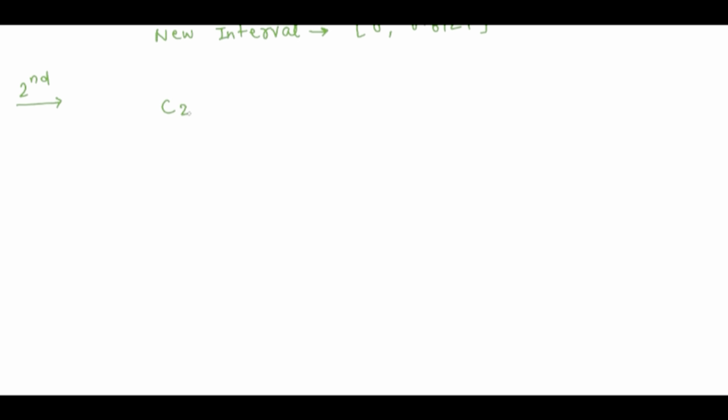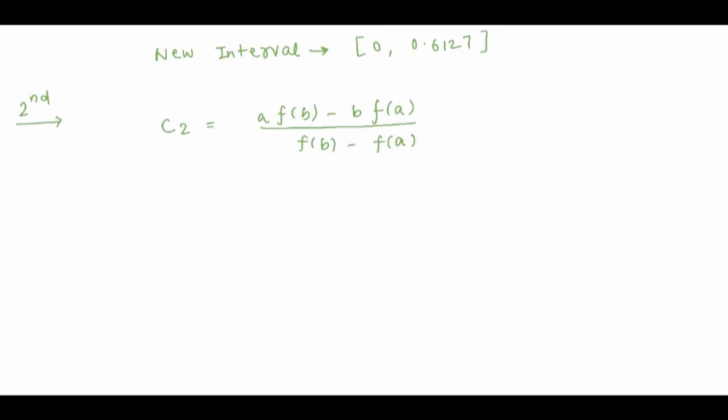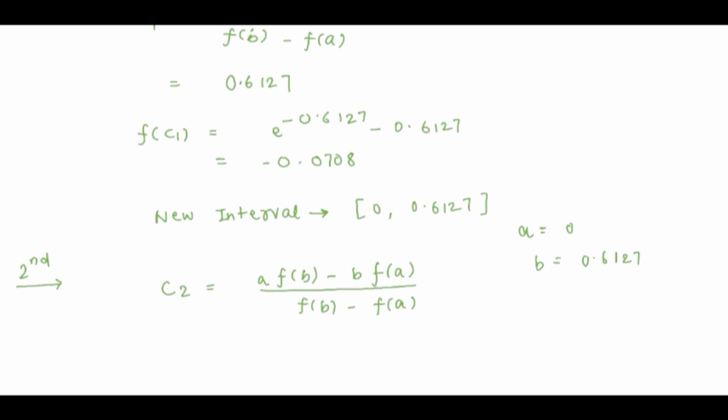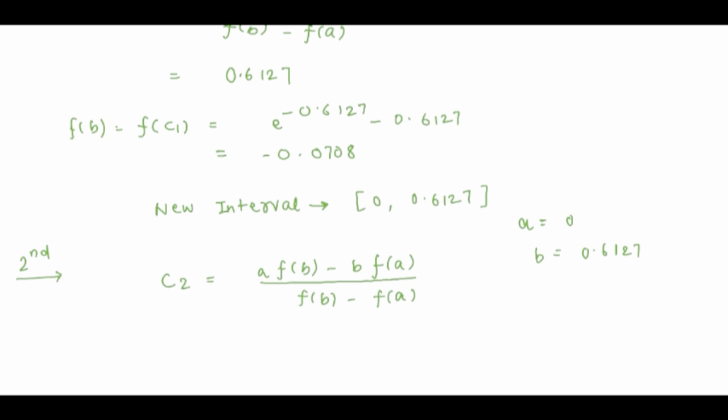0.6127. And with the second iteration, we have the interval as 0, 0.6127, where we have the value for f of A and f of B as well.